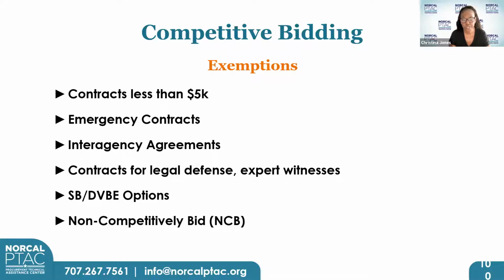If it's an emergency contract, which we saw a lot of within this past year with the pandemic, that can definitely be excluded from competitive bidding. We talked about interagency agreements, how they can purchase from other agencies, and how that's a streamlined method for them to get what they want or need quickly and not have to go through the full procurement process.